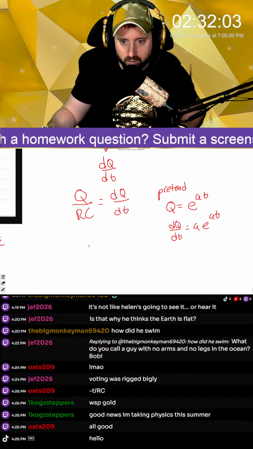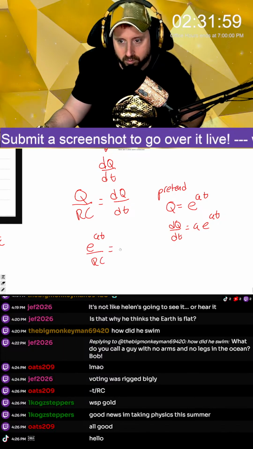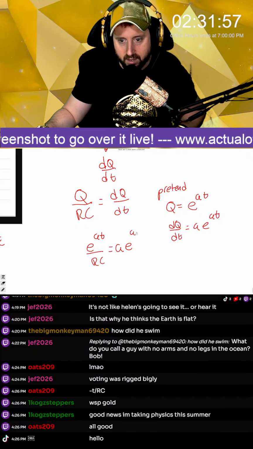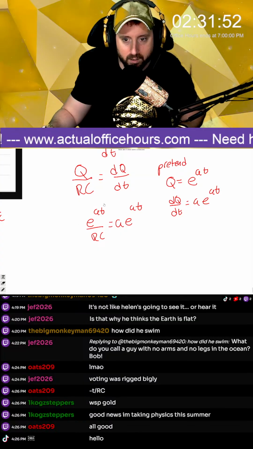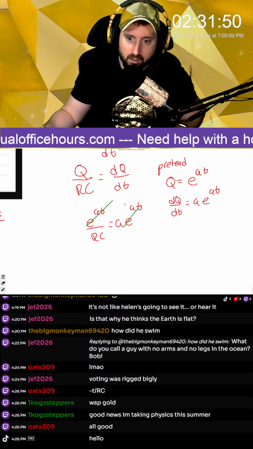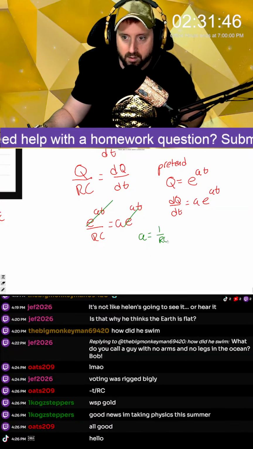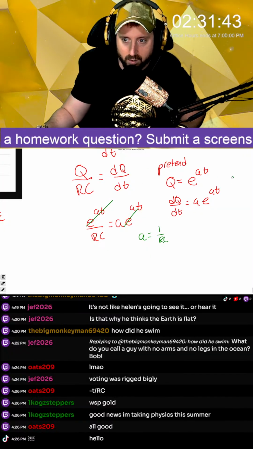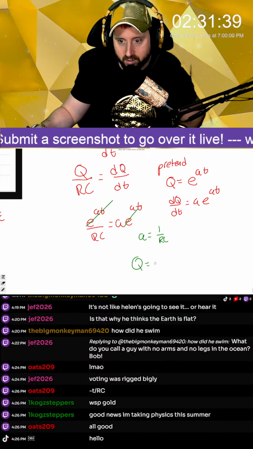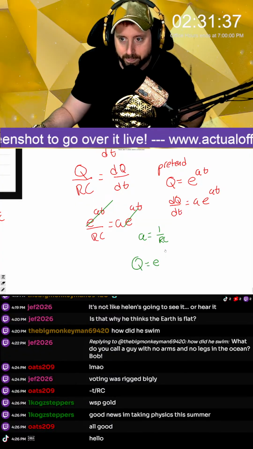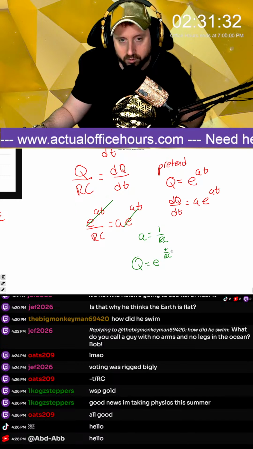So that gets you e to the at over RC is equal to a e to the at. Aha. In order for these to match up, because this cancels and this cancels, we know that a has to equal 1 over RC. And so we can say that Q is equal to e to the 1 over RC times t, the same thing as t over RC.